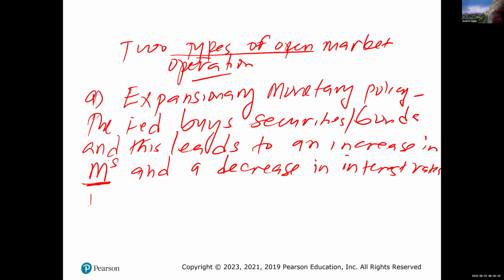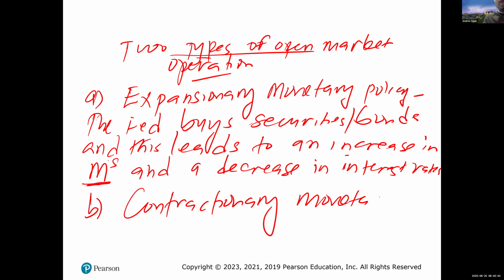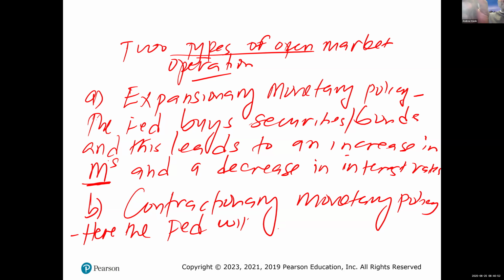And then B is what we call contractionary monetary policy. To contract is to make it smaller. So here, the Fed will sell securities or bonds, okay?